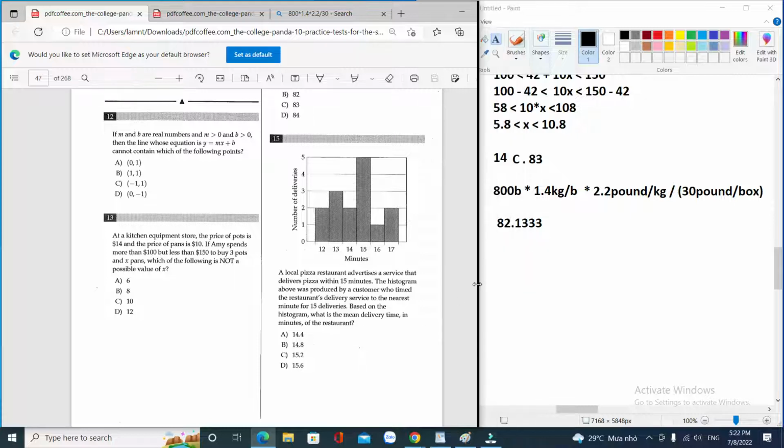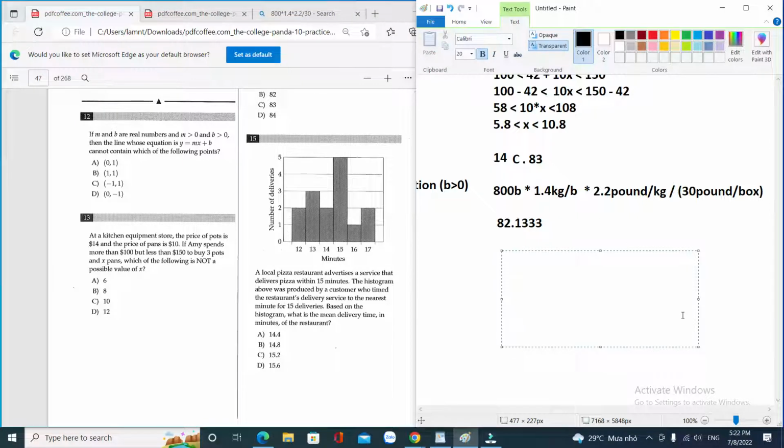So to calculate the mean, we're going to just take the minute times the number, and we're going to divide it by the total of the number. I'm going to write it in sigma form so it's easier to see.